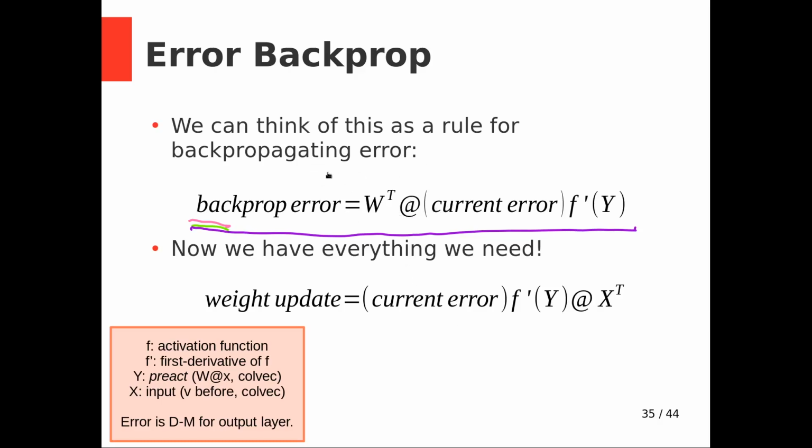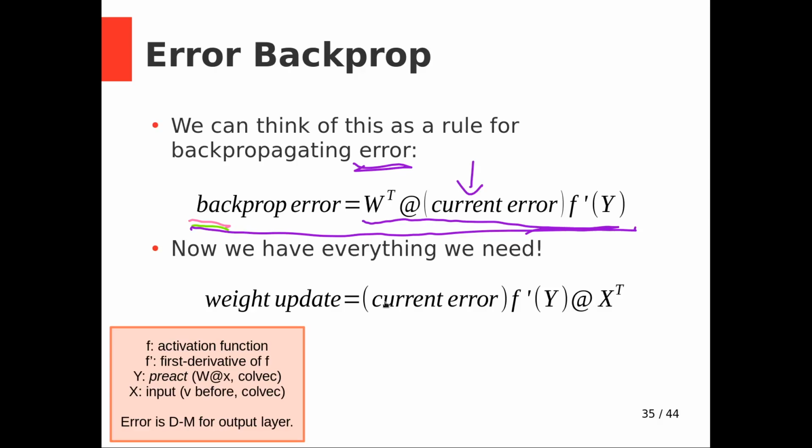This is a rule for taking our error and producing an error for the previous layer. This is the rule that is derived from the bit I underlined in purple before.